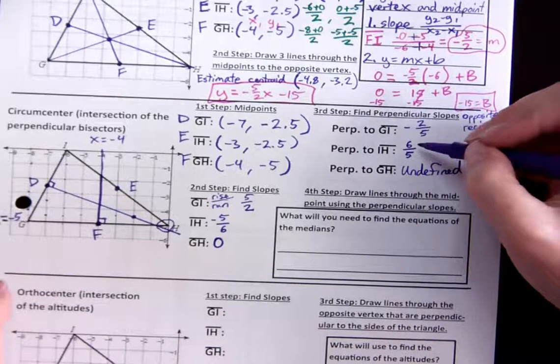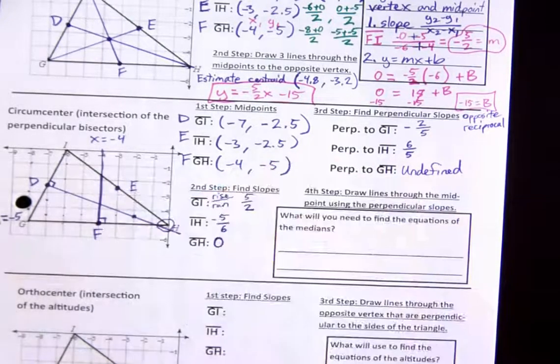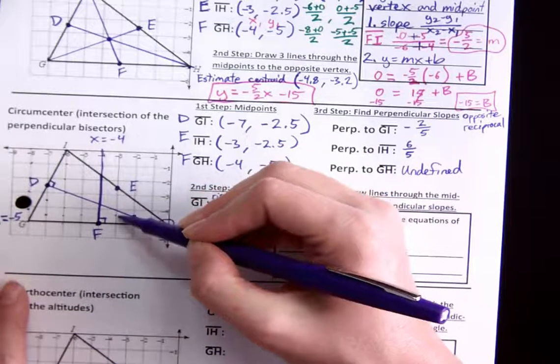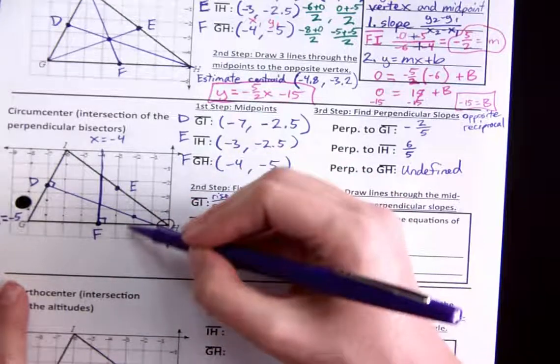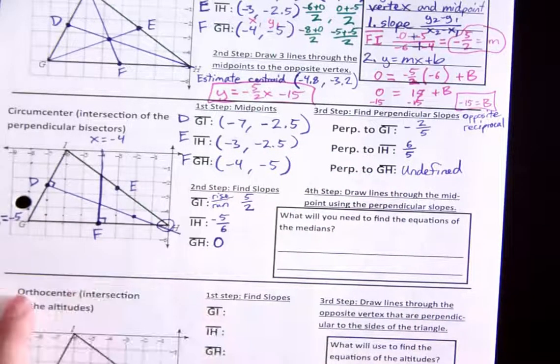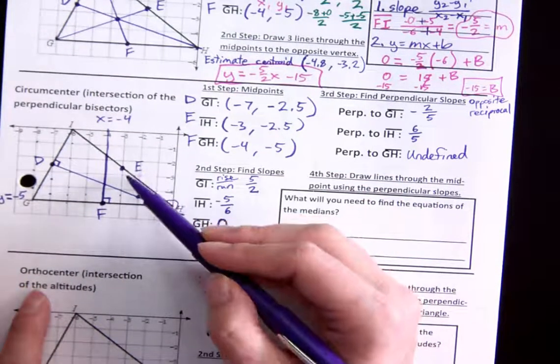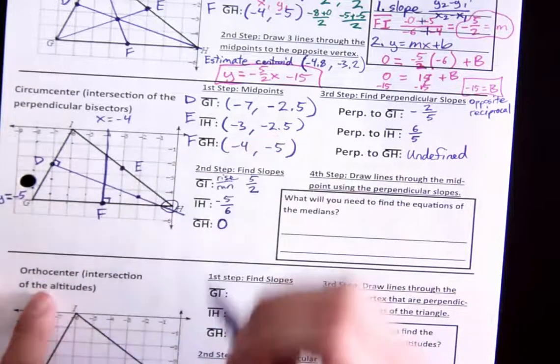Okay, the next one's a little harder because it's 6/5, and this graph isn't big enough for that. So I have two options. I could count by halves, so I could do 6 halves and 5 halves, or I can just come down and keep drawing my graph and make it bigger. Which do you think would be easier? This time I think counting by halves is going to be easier because I'm starting at a half anyway.